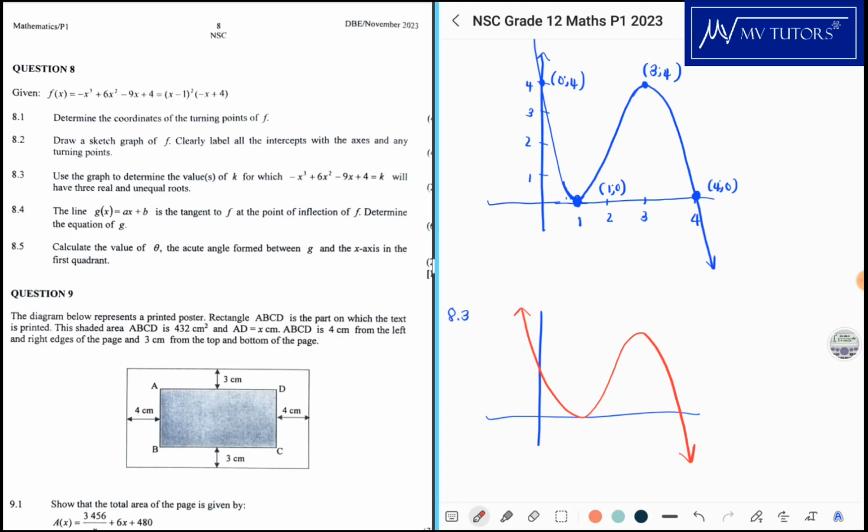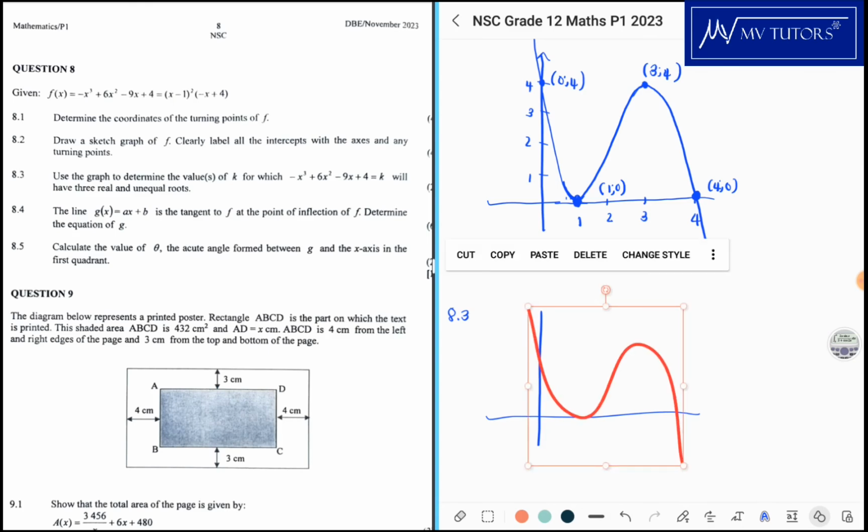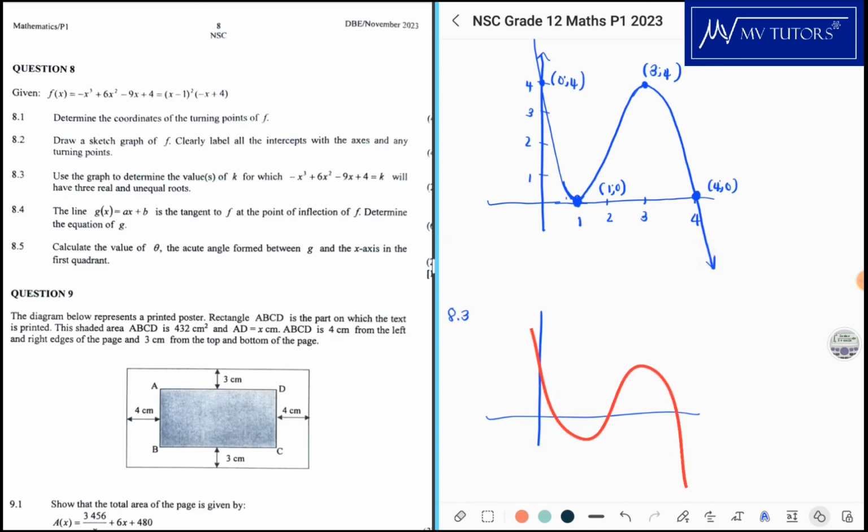So what do you think? We can actually take this. Okay, I wanted to select this entire thing. Let me do it like this. Okay, so if we can take this, if we need to have 3 unequal roots that are real, we can shift it down. Okay, so then we have 3 roots. I hope you see. 1, 2.